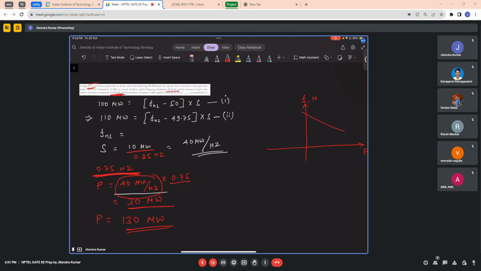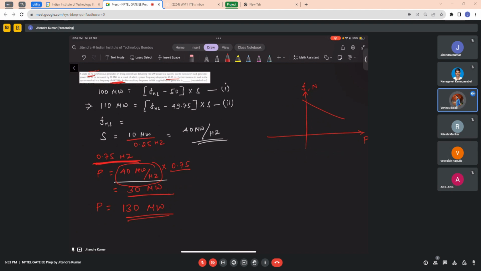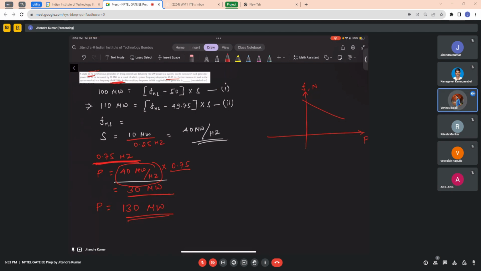So in the next session, what do you want to have? Do you have any preferences? You can let me know. Latest problems on machines means last year's papers, what type of questions they are asking.